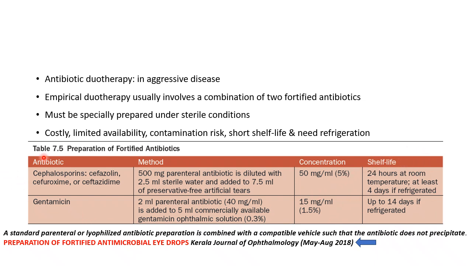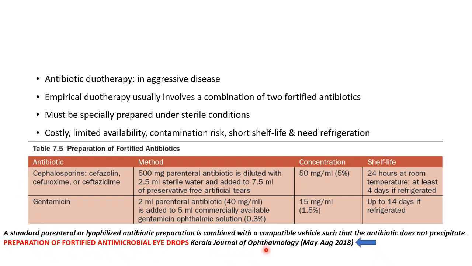You cannot forget this table. Besides these, you also should remember fortified vancomycin because there are a lot of methicillin-resistant Staphylococcus aureus causing a number of infections these days. So vancomycin is another broad-spectrum antibiotic which kills most gram-positive organisms, some gram-negative and anaerobes as well.